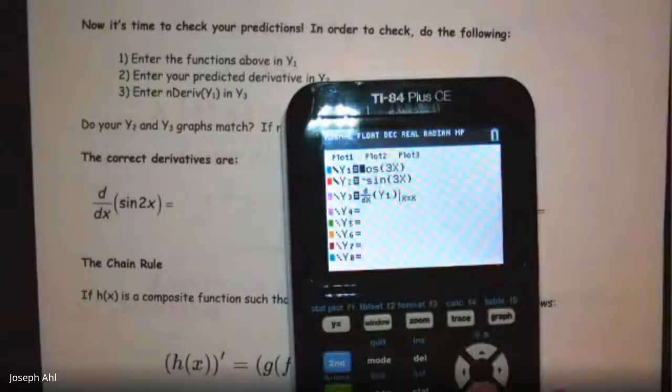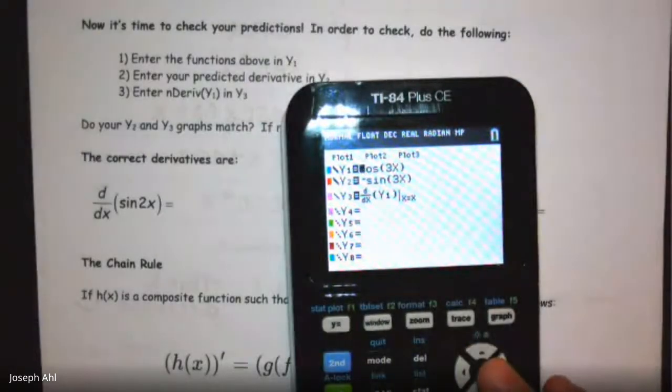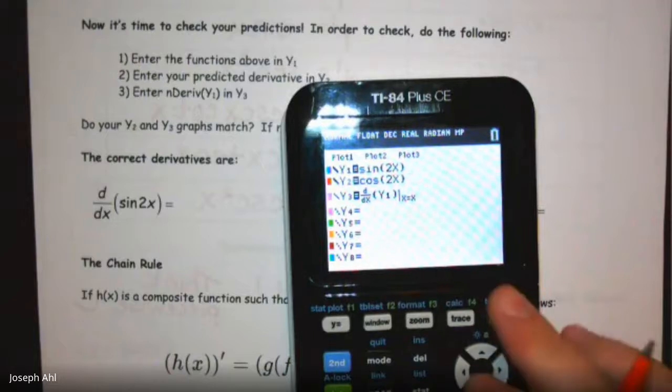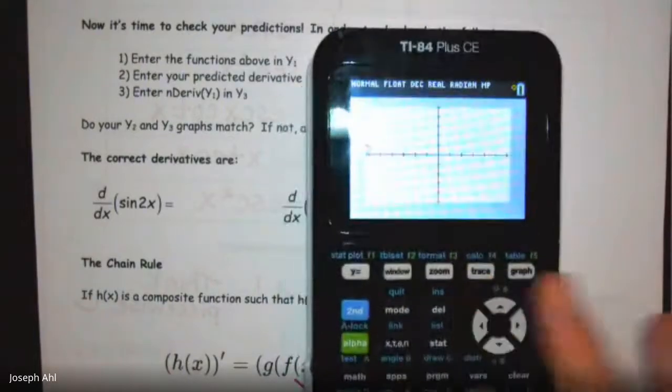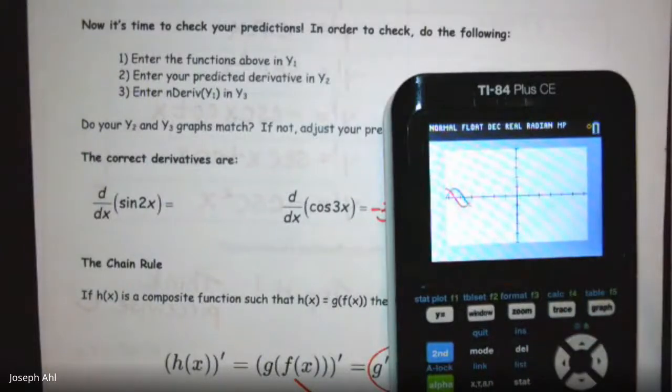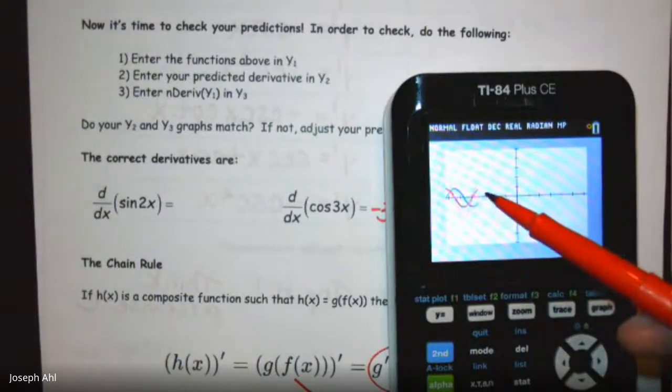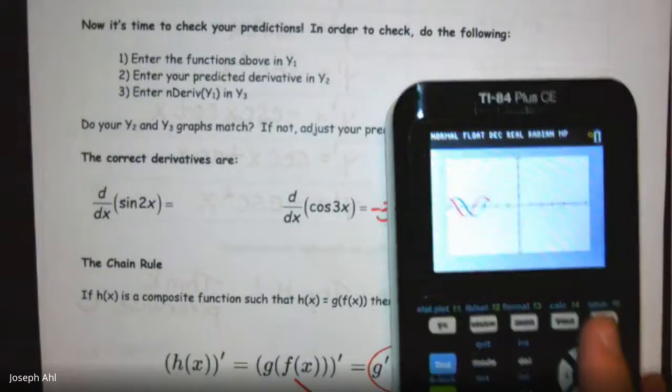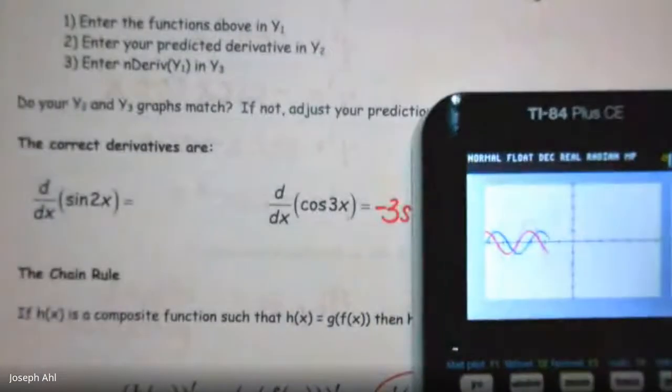If I go back over here to sine 2x again, I'm going to adjust that real quick. Our guess was cosine of 2x. We saw that wasn't the case, but what is this magenta derivative here? If I zoom in, it'll be better.